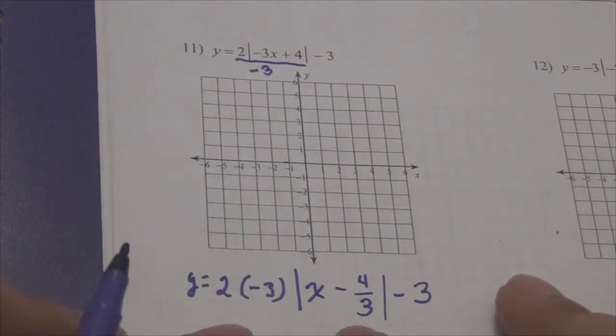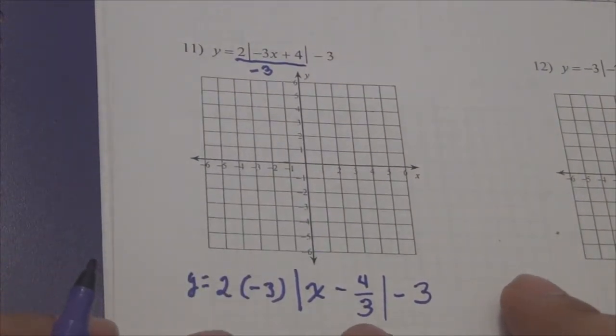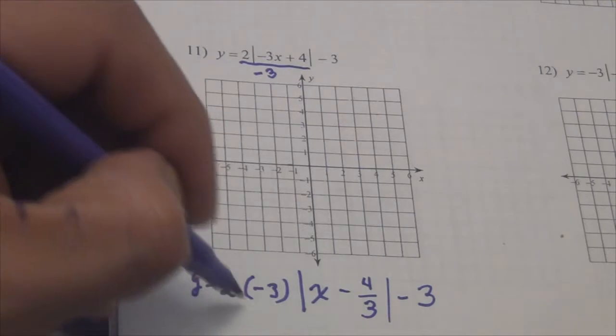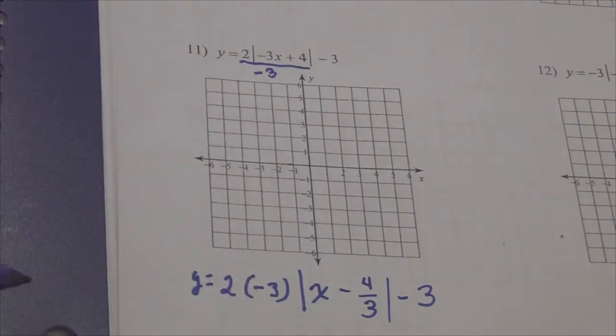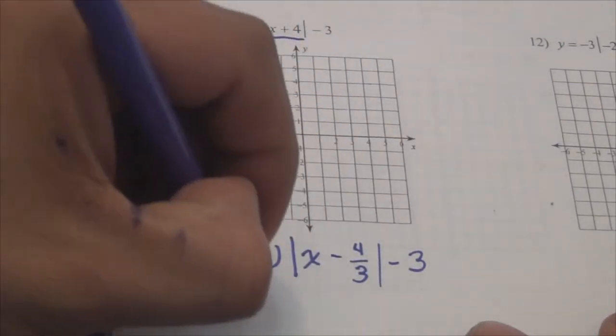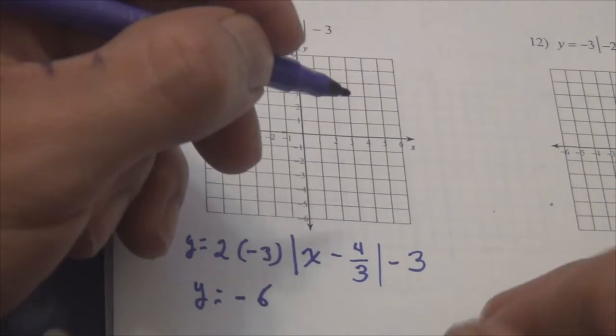This is to identify the vertex, okay? And you could say the axis of symmetry. The vertex. By no means am I saying that it's going to open downwards. All right, so now what do I have? I get something like this, -6, okay.